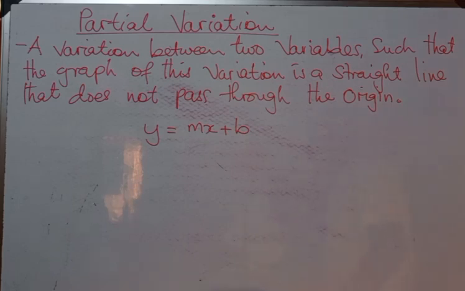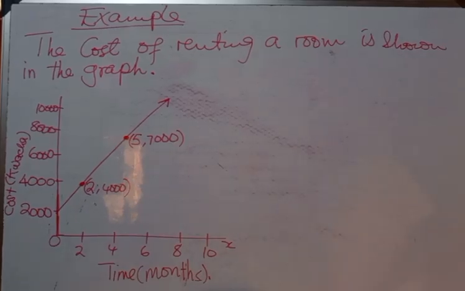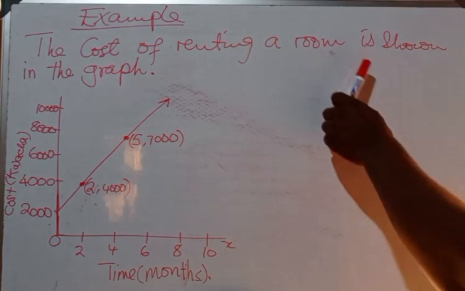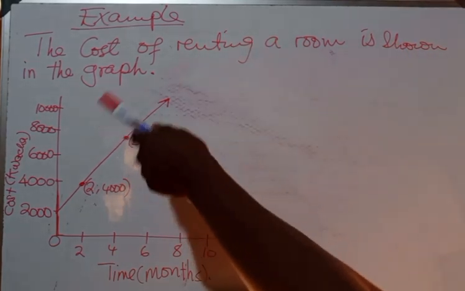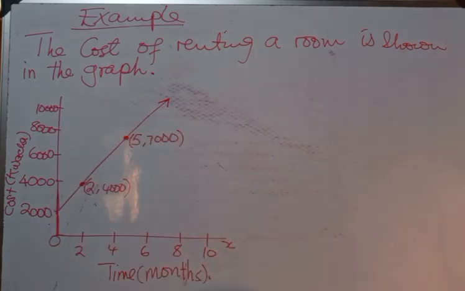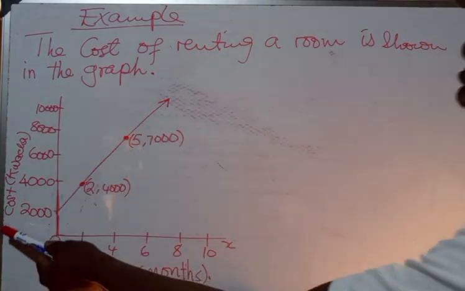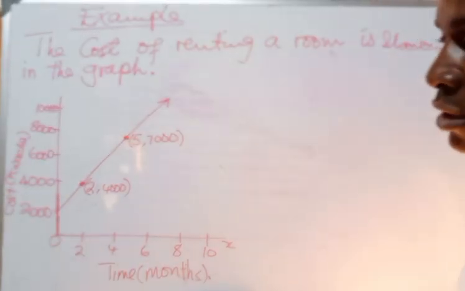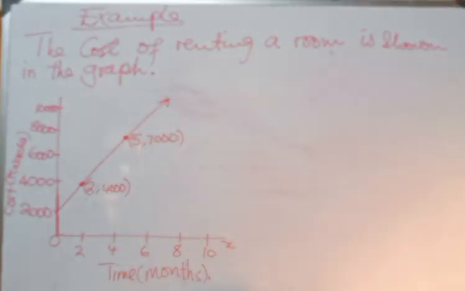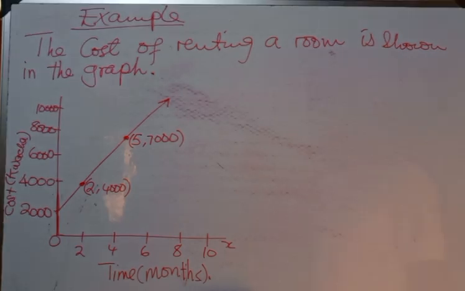Now, let us have one example under partial variation. The example is the cost of renting a room shown in the graph. This graph has the cost in kwacha, and the time in months.